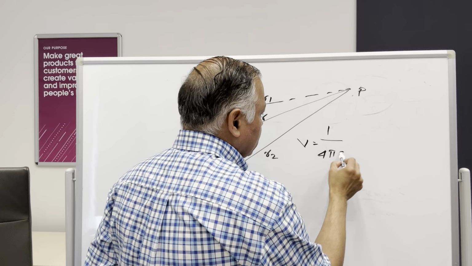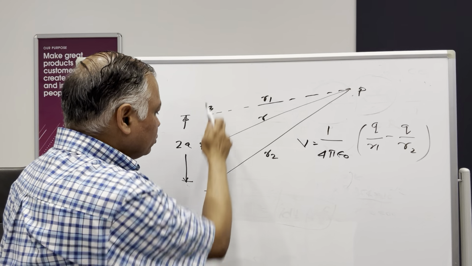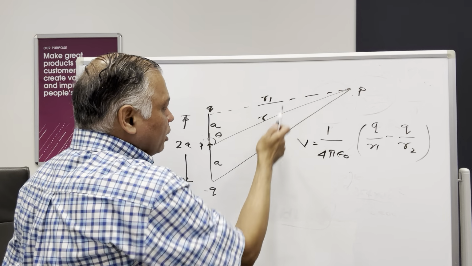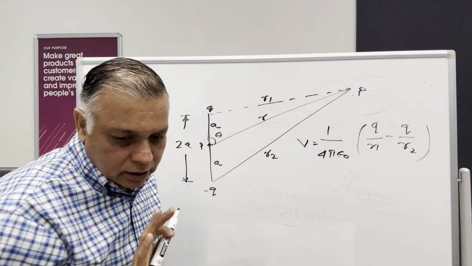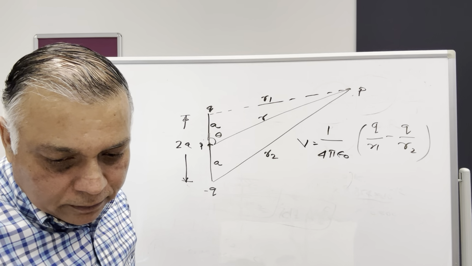Now we have to calculate these charges, right? So it will be q over r1 plus or minus q over r2, and in this case it is minus. So instead of a plus sign, this is minus because we are calculating minus q. So q, minus q, P, r1, r2, r, and this is theta, something to remember, right?